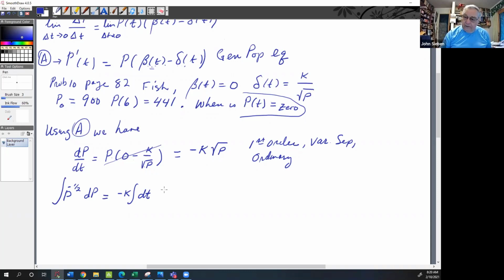That will lead you to P is equal to C minus KT over 2, squared. So this is your general solution.